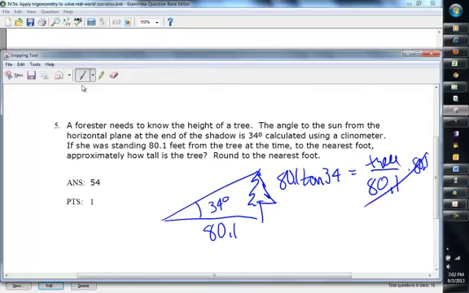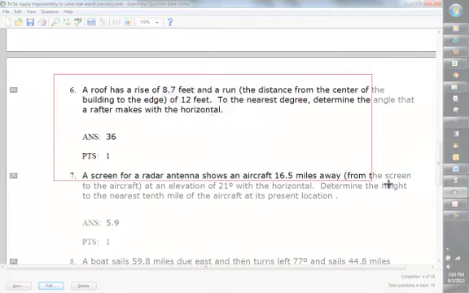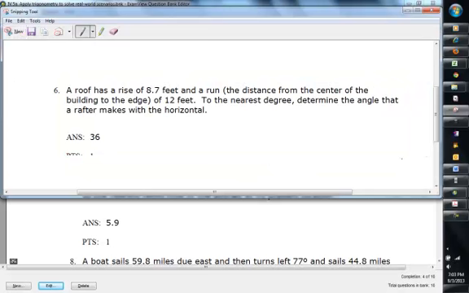A roof rises 8.7 feet in a run of 12 feet. What's the size of this angle? So we can use polar conversion because we've got the x and the y distances here.